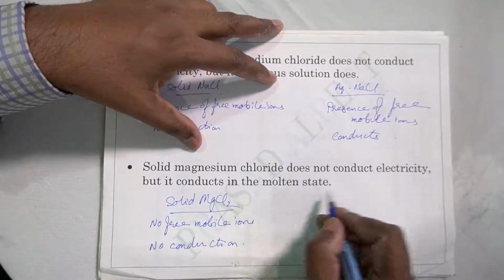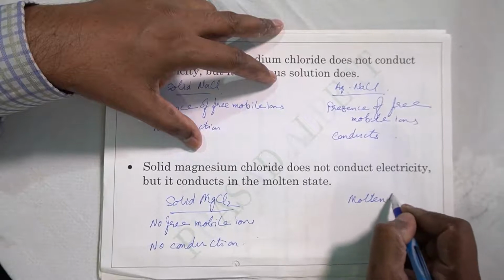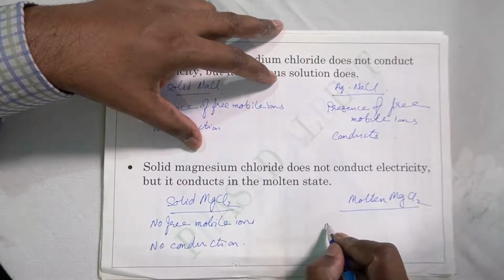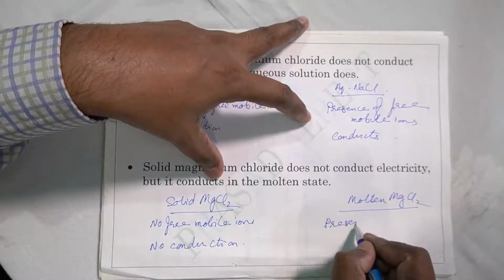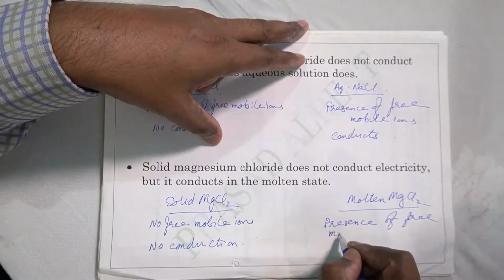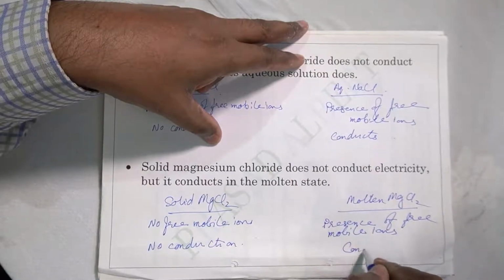Now, the other thing is molten MgCl2. The question says MgCl2, magnesium chloride. In the molten state, yes, ions have become free. That is, presence of free mobile ions. Therefore, conducts.